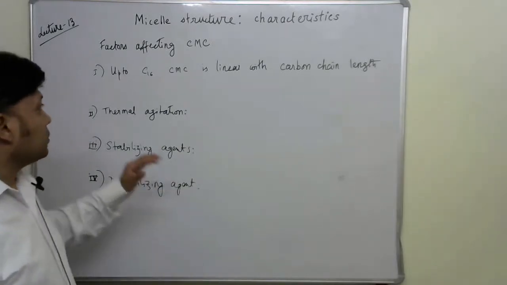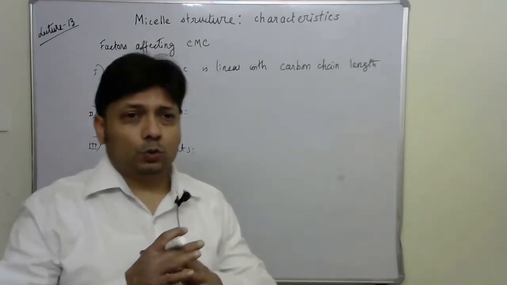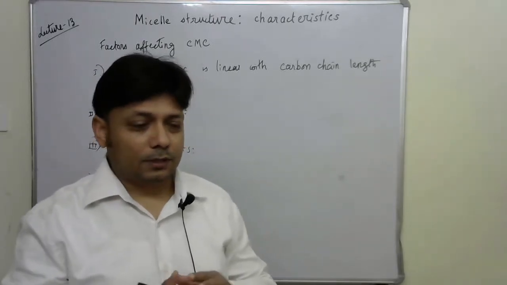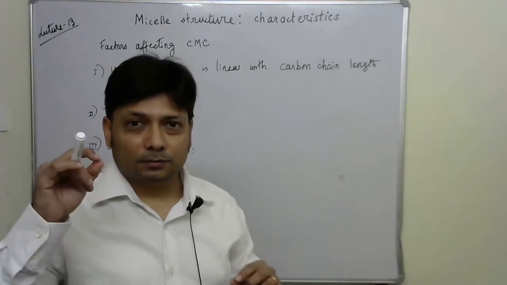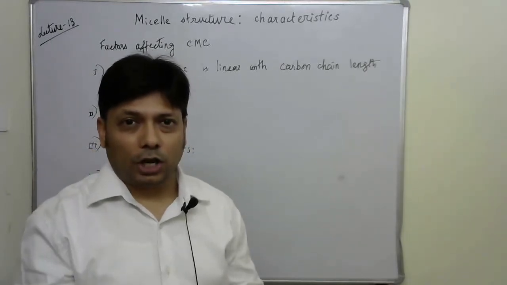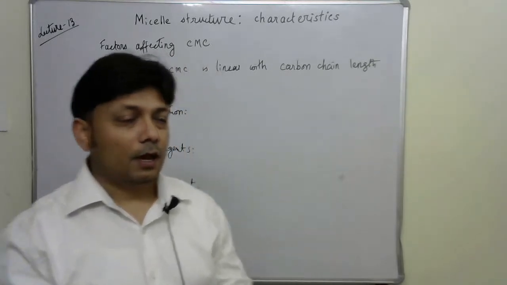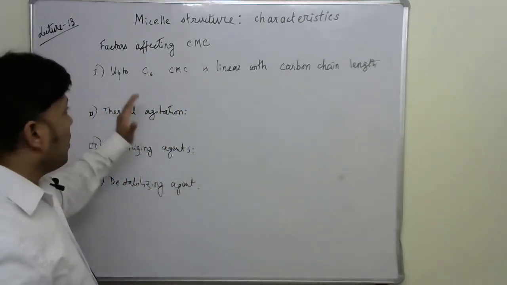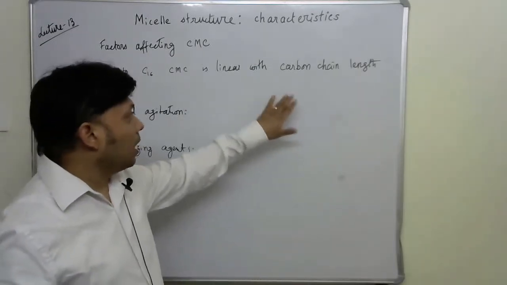So first of all, we have, say, up to carbon number 16. That means up to 16 carbon chain. So we can think about the cetyl group, okay, C16. The critical micelle concentration is linear with the carbon chain length.